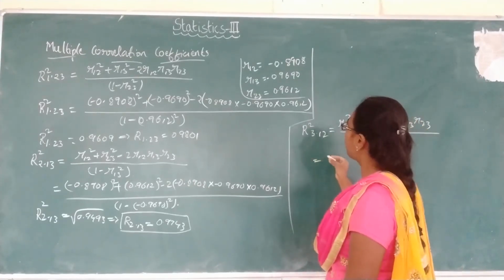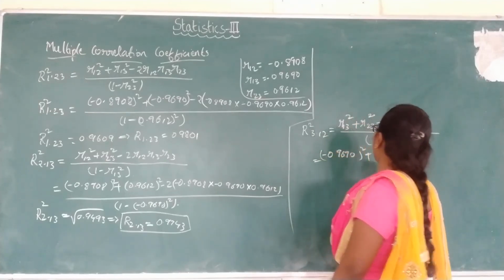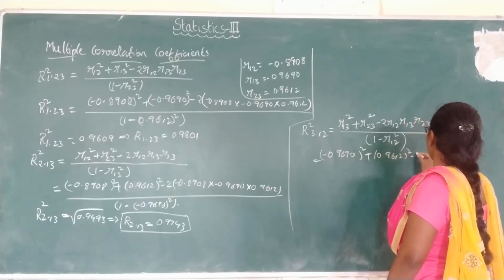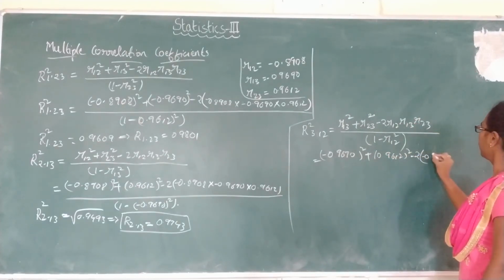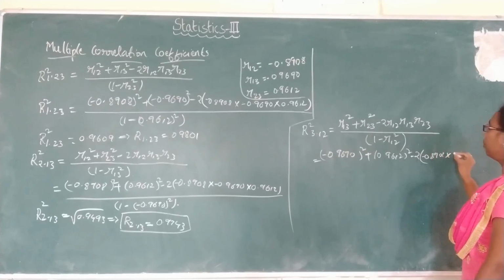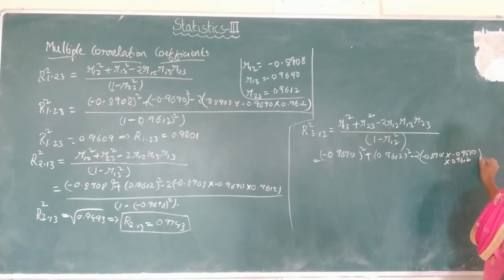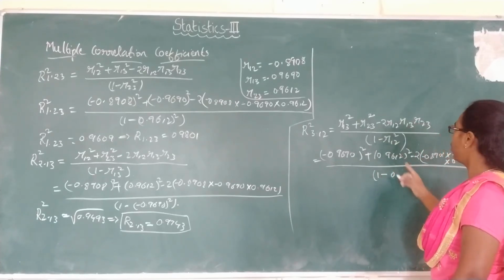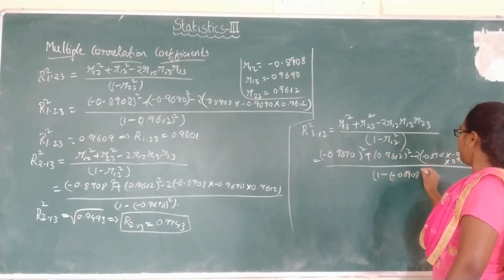Substitute the values. R13 is minus 0.9690 square plus R23 value 0.9612 square minus 2 into minus 0.8908 into minus 0.9690 into 0.9612, divided by 1 minus 0.8908 square.